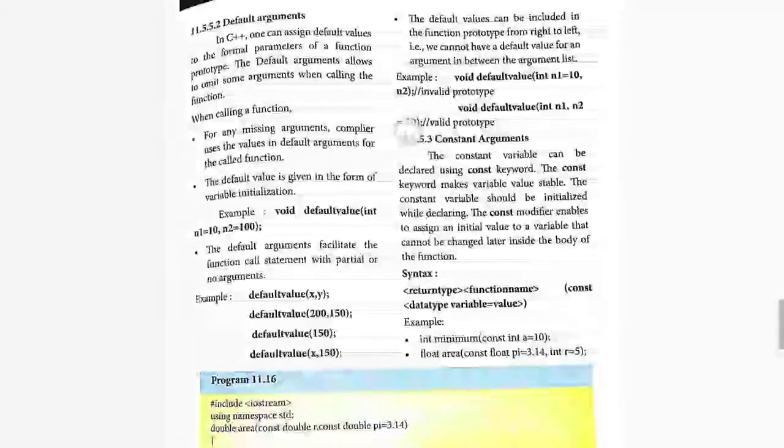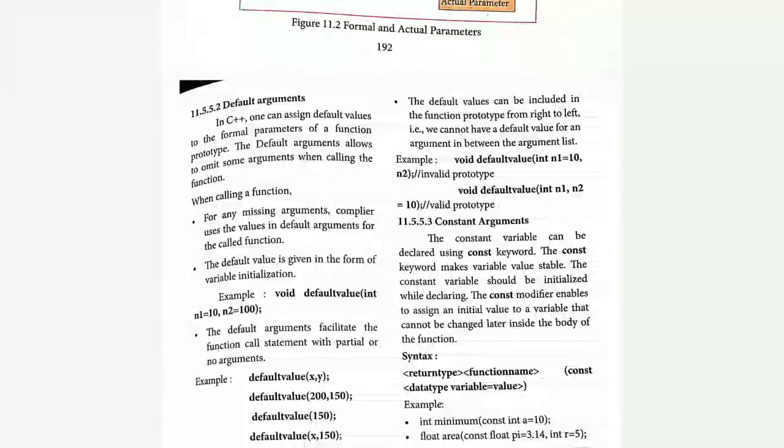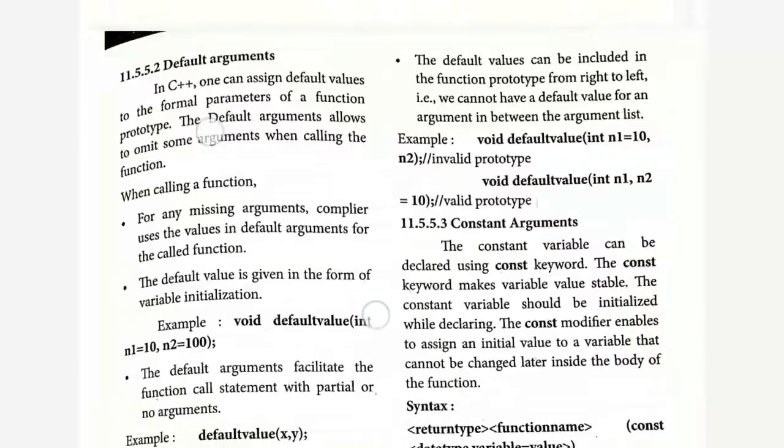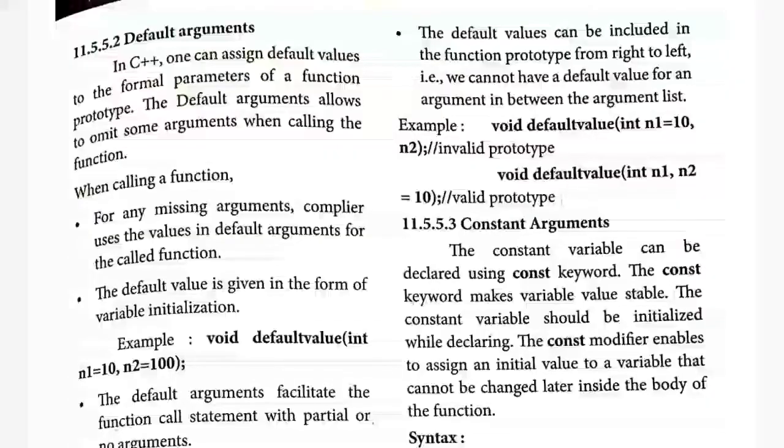So there are some default arguments, which means that while creating the function itself, if you are creating some values, then if you want to use the function, you have to give that particular value. That is a default argument. And you can see that some of the functions have a constant argument.